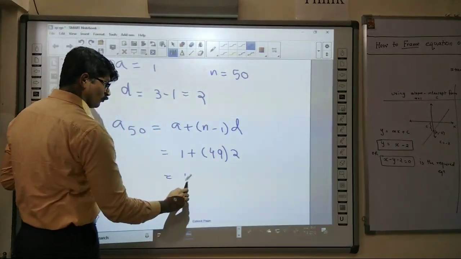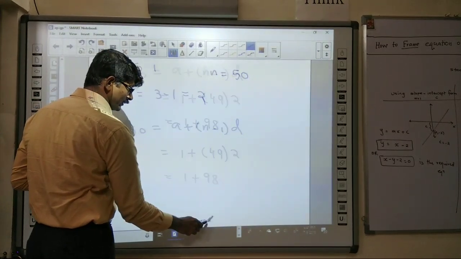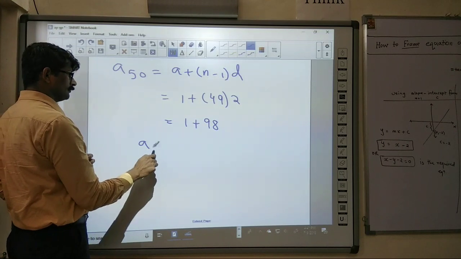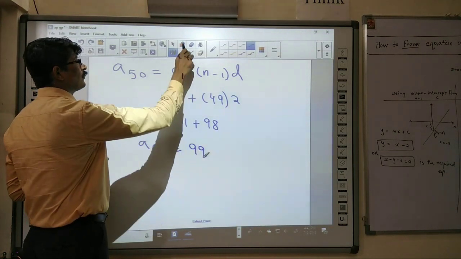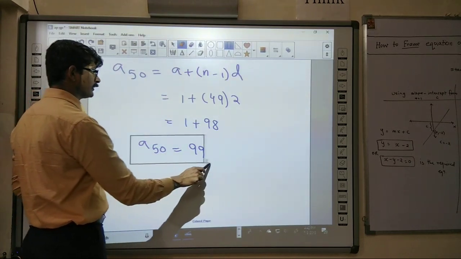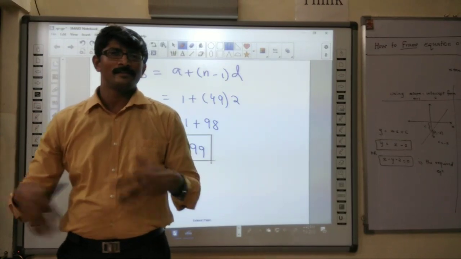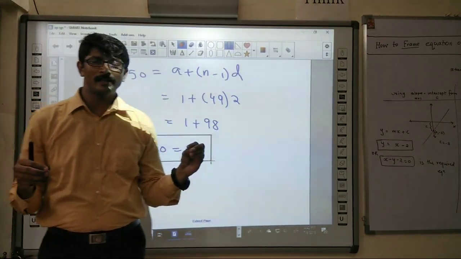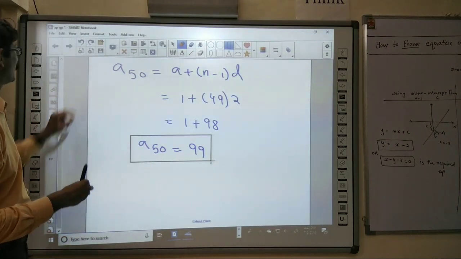So 1 plus 49 into 2, that is 98 plus 1, so our 50th term would be 99. I hope you have understood everything till here. So how to find the 50th term of the given series? Just write the formula, plug in the values, and you are done.